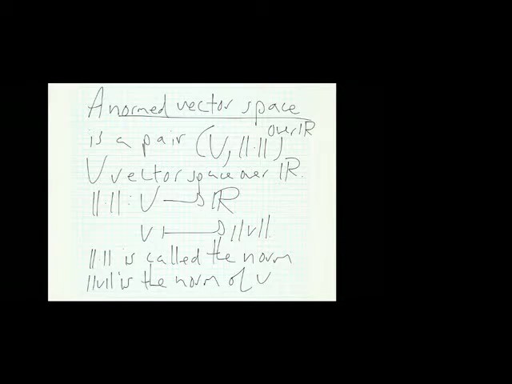Oh, there are some properties of the norm. The norm of a vector is a real number. It cannot be negative. It's always greater than or equal to 0. And in fact, it's equal to 0 if and only if that vector is the zero vector.